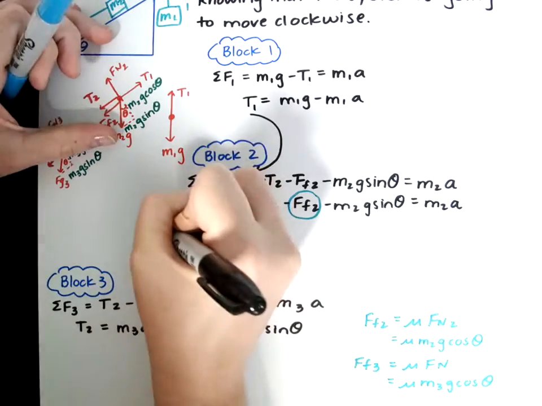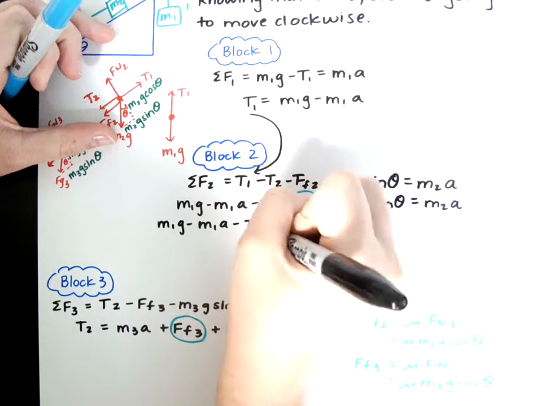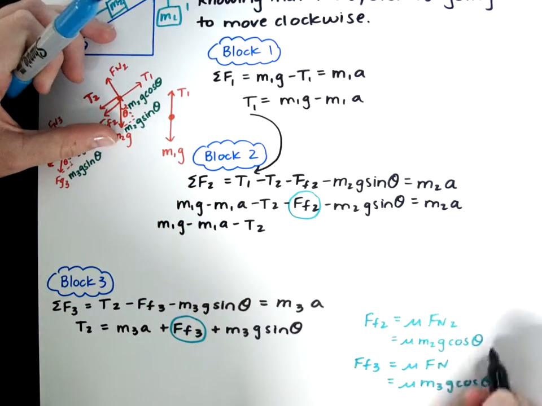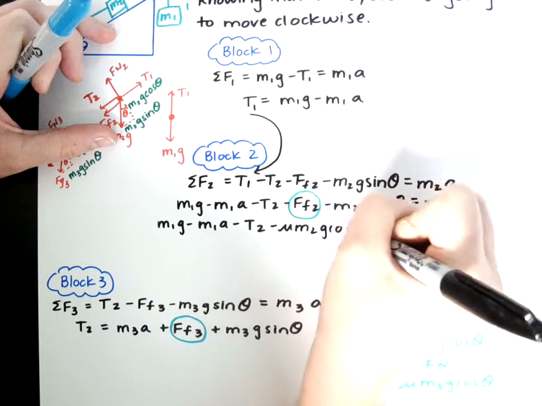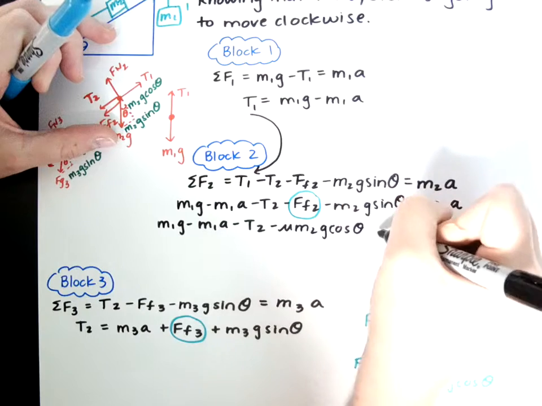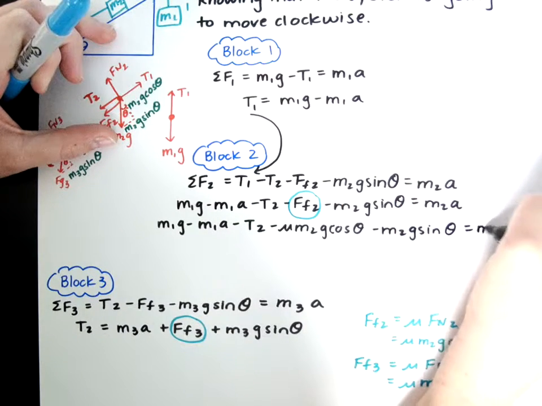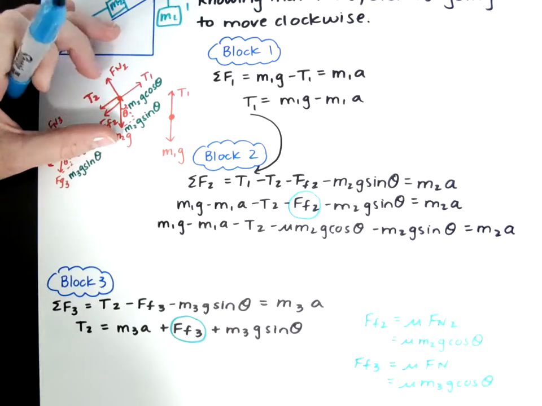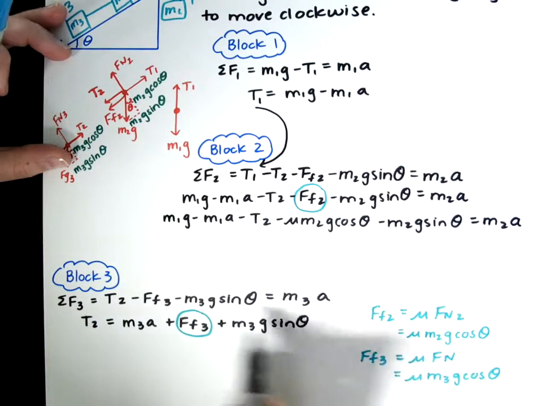So we get m1g minus our force of friction 2. Yes, it's a lot of algebra, but it's not very difficult algebra. You can do it. So let's take force of friction 3, substitute that one in.